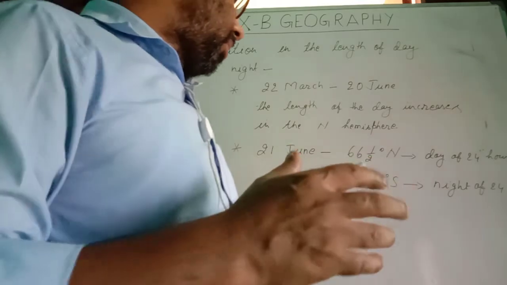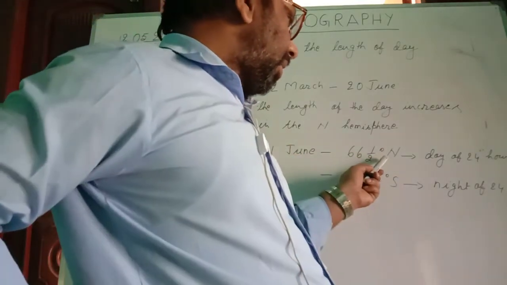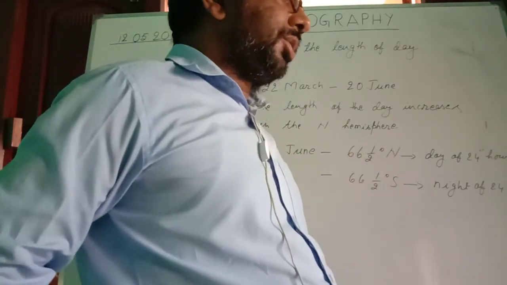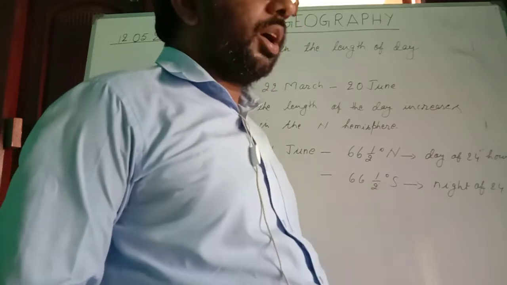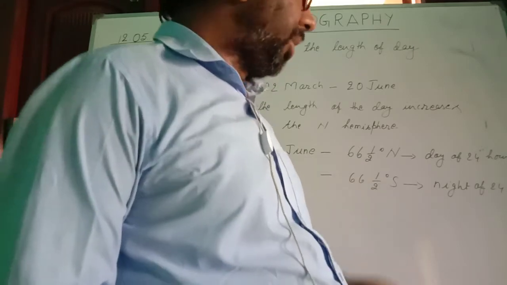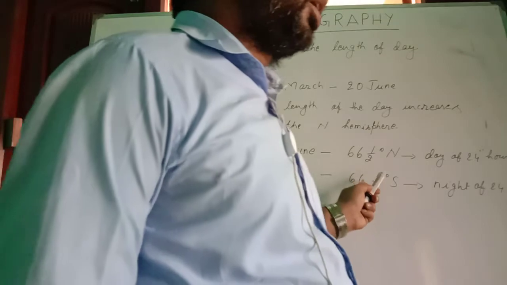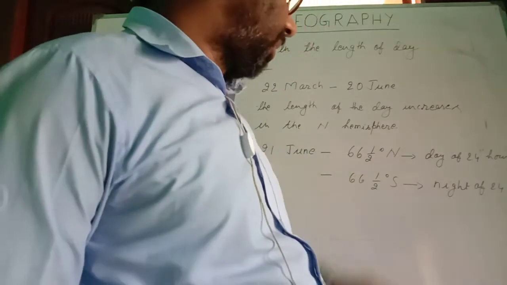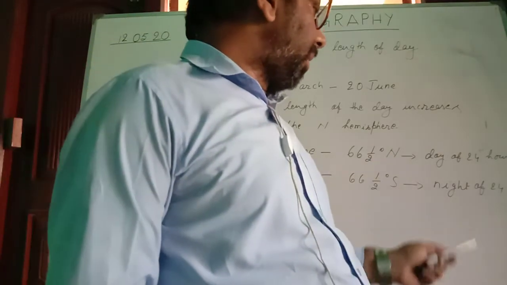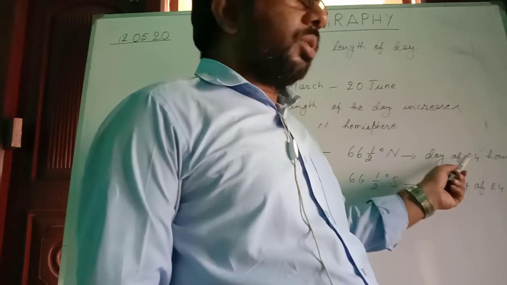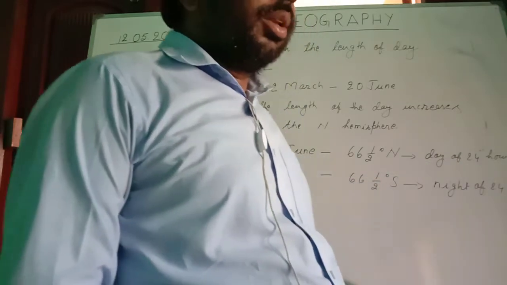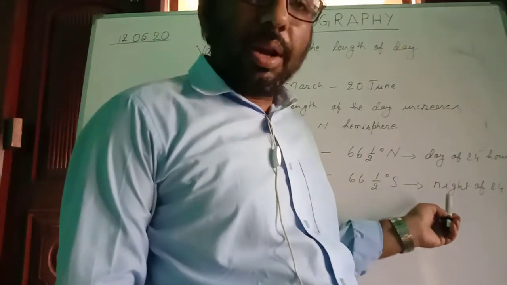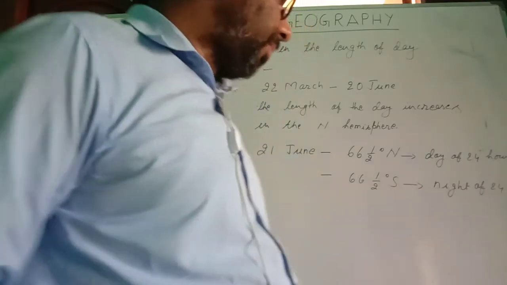Now this is regarding the 66.5 degree north latitude and 66.5 degree south latitude in the northern and southern hemispheres respectively. There days become 24 hours, and in the southern hemisphere the night becomes 24 hours.